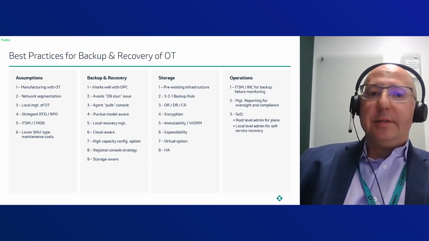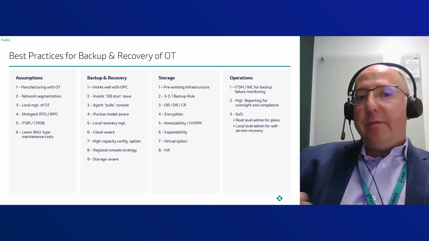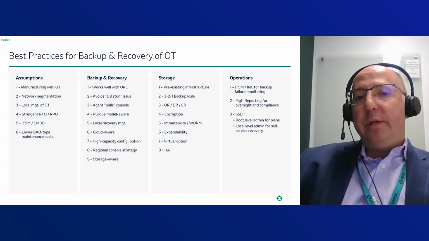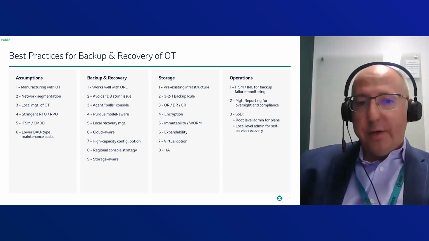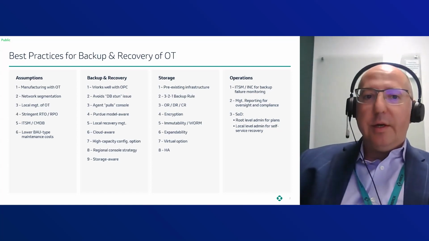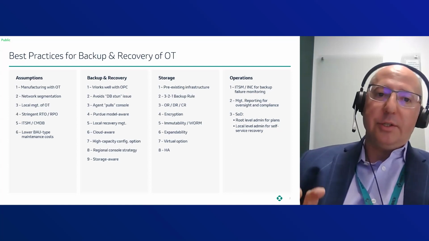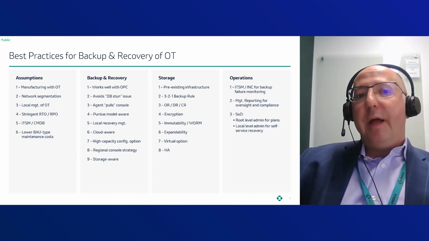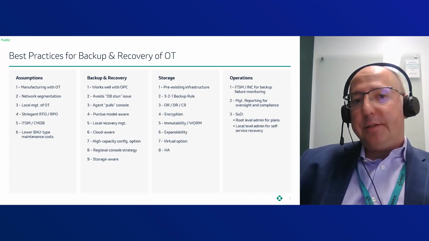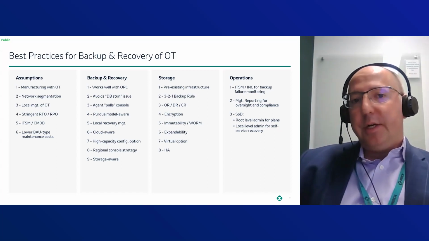Another helpful practice is that where you have the backup agent, you want to utilize something that pulls the configuration settings from the console instead of the console pushing it. So there are different technologies in place where you have that network segmentation, and you have to keep things secure, where the agent does that pull.